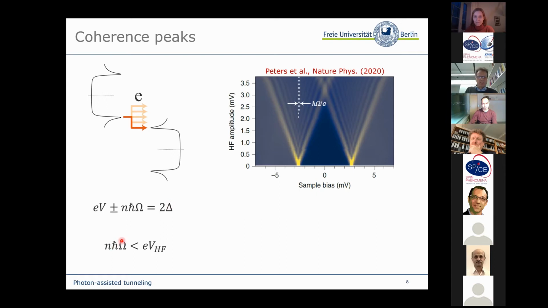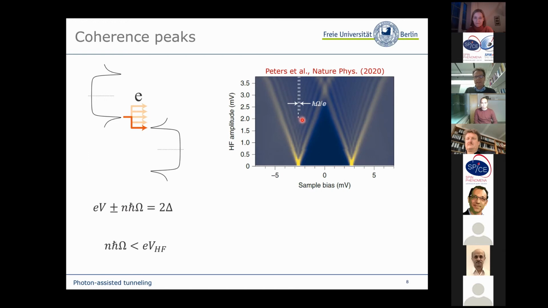Moreover, the maximum number of photons that can be absorbed or emitted is given by the amplitude of the high-frequency radiation, and that explains why one gets these cones opening up as the amplitude of the high-frequency radiation is increased. And this relation tells us that the spacing of the sidebands will be just multiples of ħω.